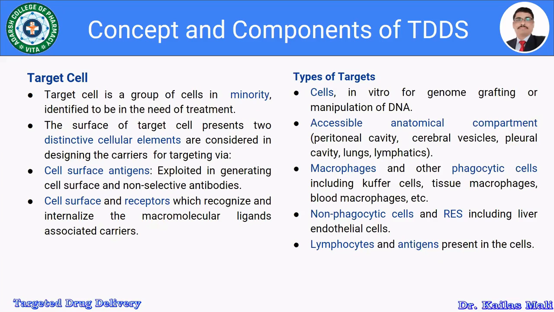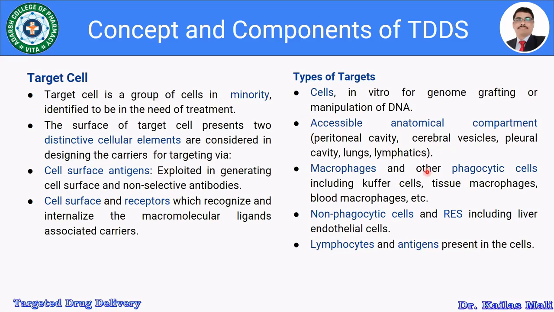So let us see the types of the target. Approximately, there are 5 types of targets identified. Very first one is the cells, in vitro for genome grafting or manipulation of DNA. Second, there is an accessible anatomical compartment, for example, peritoneal cavity, cerebral vesicles, pleural cavity, lungs, and lymphatics.